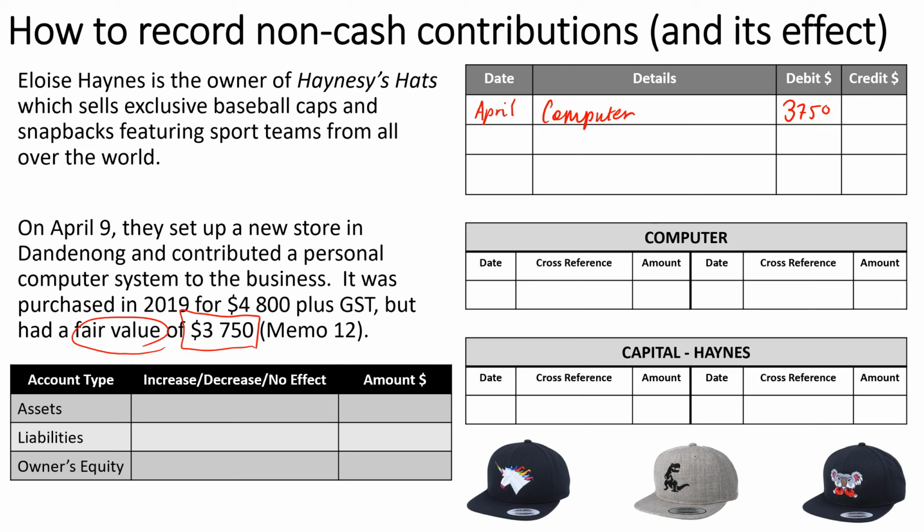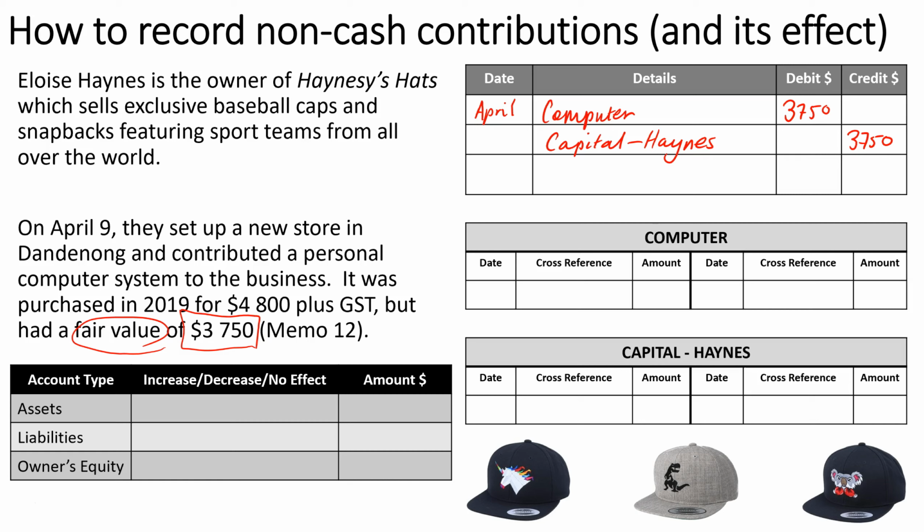Now the second account, I know that I'm going to have to credit by that same amount because debits have to equal credits. And the second account affected is going to be my capital account. So the owner is putting things into the business, therefore my capital is going to increase.